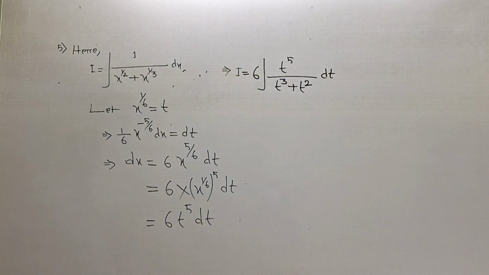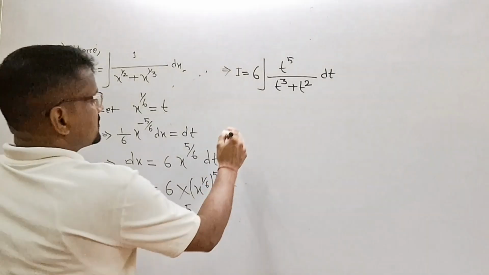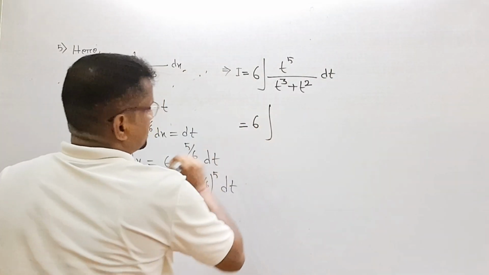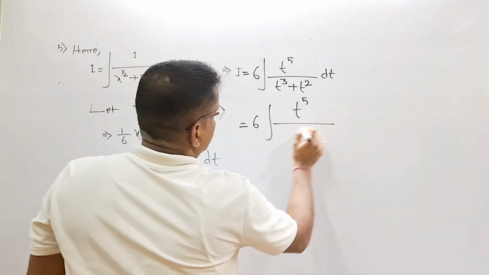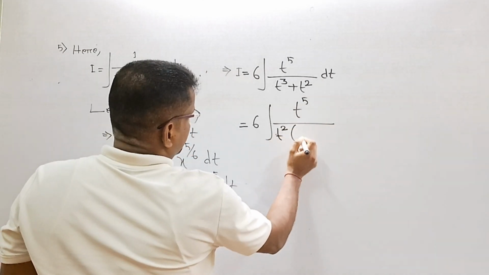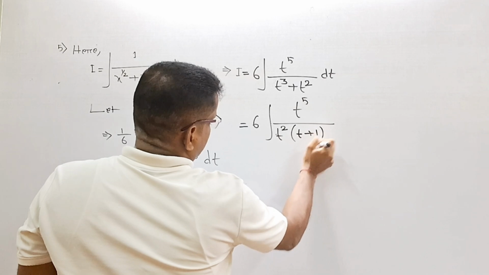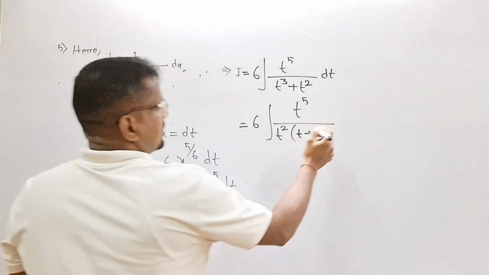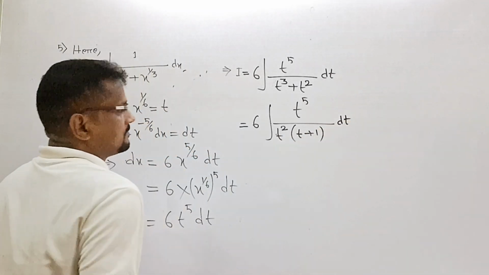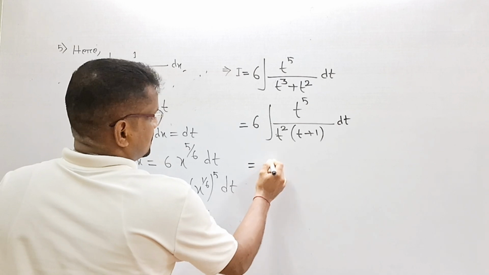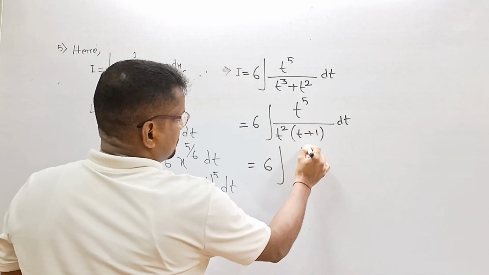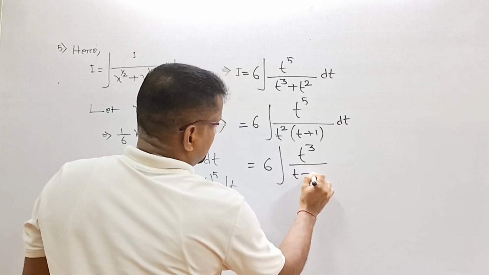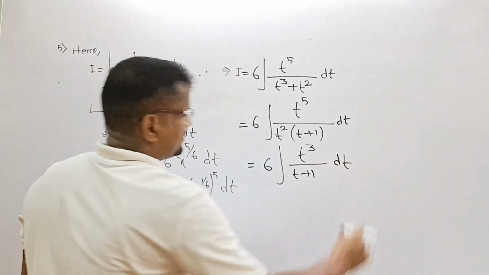Then you see 6 times the integral of t to the power 5. Here t square is common, so t plus 1, dt, equals 6 times the integral of t cube by t plus 1 dt, as t square cancels with t to the power 5.